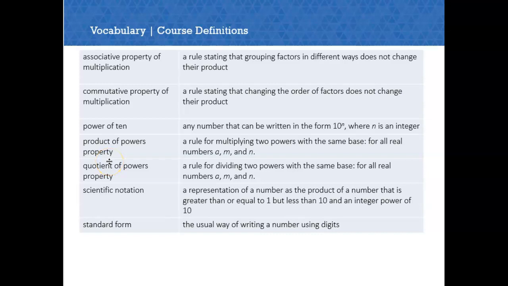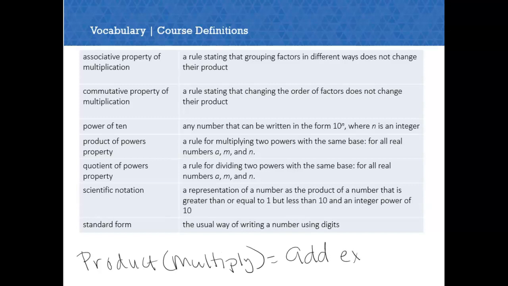So the big thing to remember with these is, in the product, so product means multiply. So when we're multiplying, we add exponents. So when we have the product, we multiply, we add the exponents.